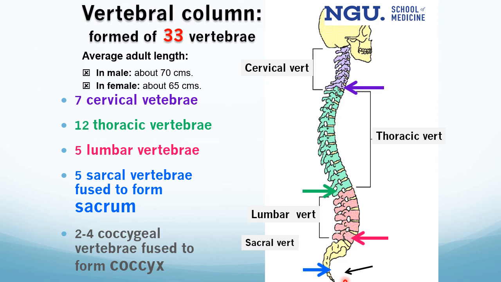This is the last part, the coccyx, formed of 3 to 5 or from 2 to 4 vertebrae. The authors have differences in this number of coccygeal vertebrae.